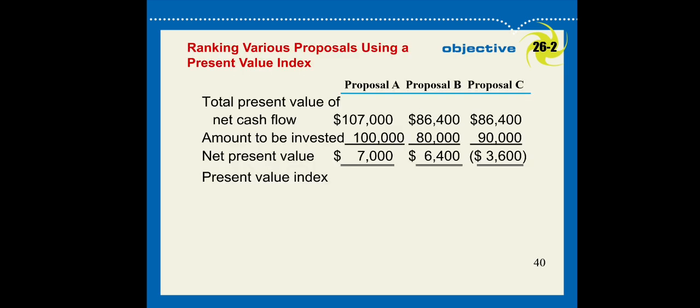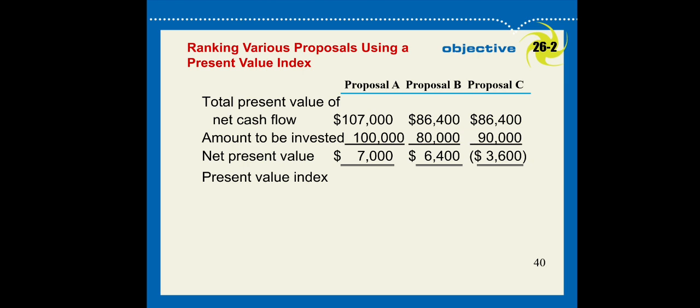Okay, so let's say you have three proposals. You are a manager in a business and you receive three proposals to purchase fixed assets or to do projects. If you have three proposals, how to decide which one is the best proposal?